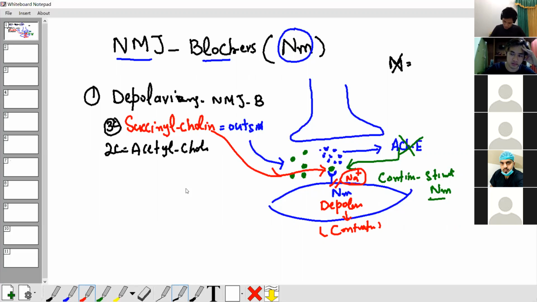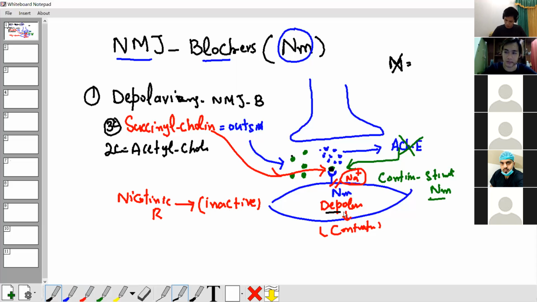I already explained one terminology about the nicotinic receptor. If you continuously stimulate a nicotinic receptor, what happens with the receptor? The nicotinic receptor becomes inactive. Understand? This drug is continuously attached with this receptor.